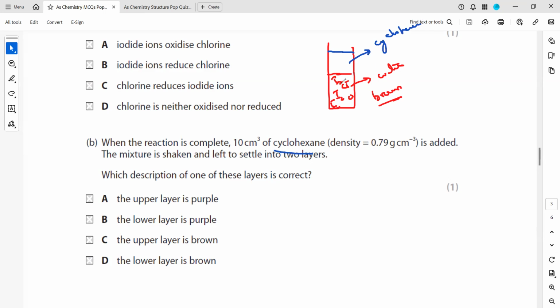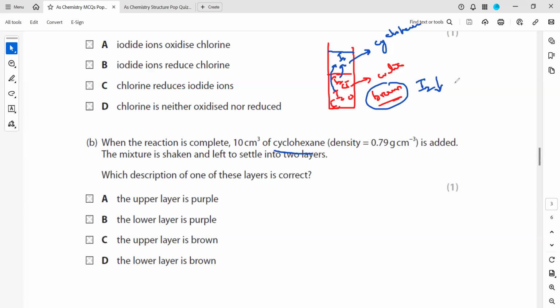When we add cyclohexane, iodine can dissolve in both organic and aqueous solvents, like in water as well as in organic. So as a result, this iodine will move from the water to the cyclohexane. When this iodine moves from water to cyclohexane, the concentration of the iodine in the water decreases.